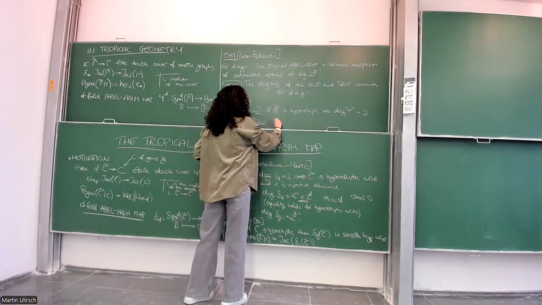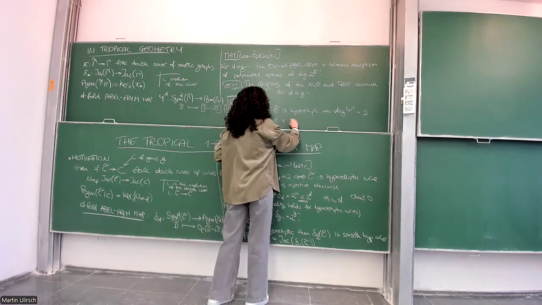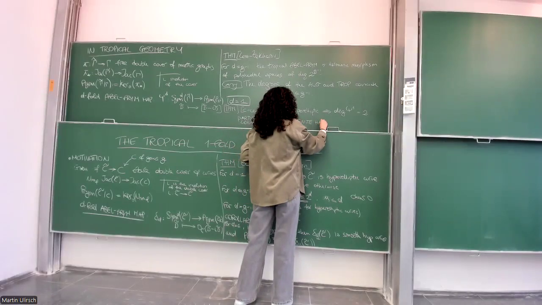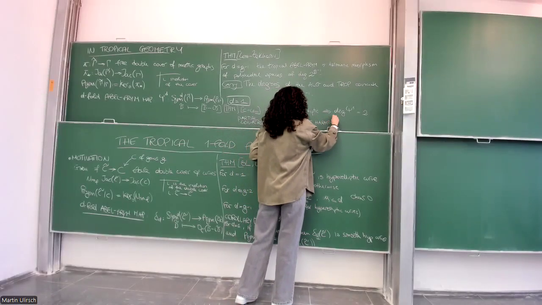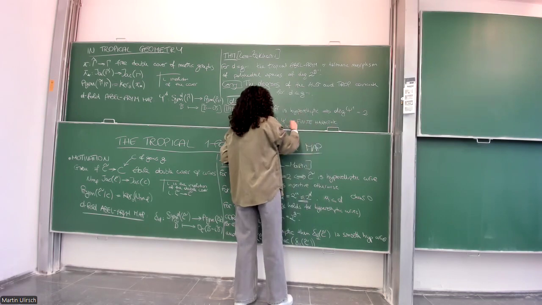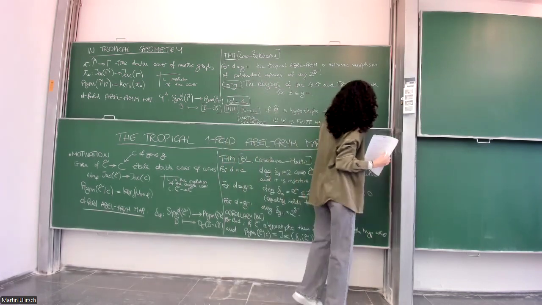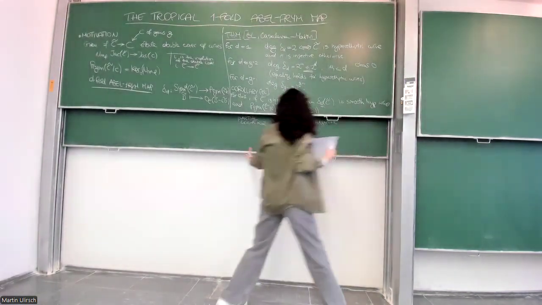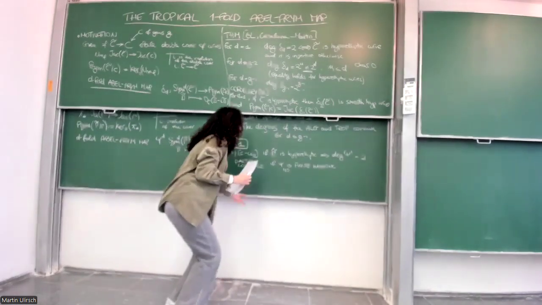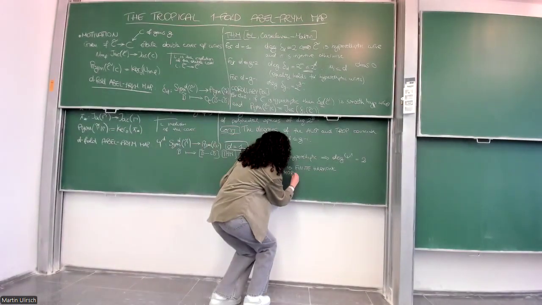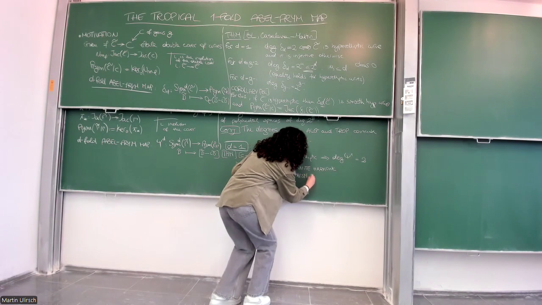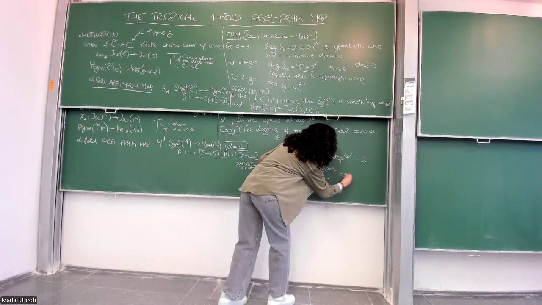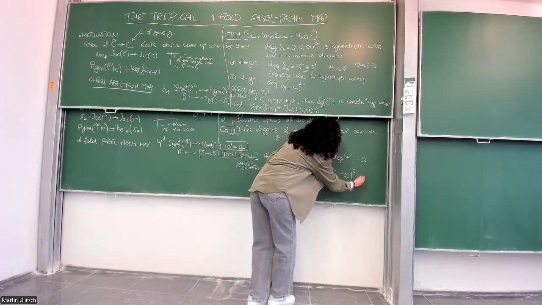So if psi is a finite harmonic morphism of degree 2, then gamma tilde is hyperelliptic.